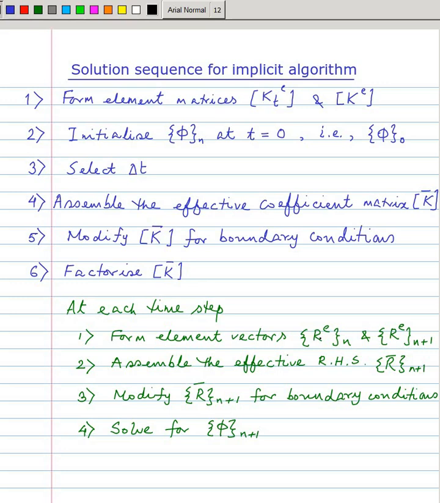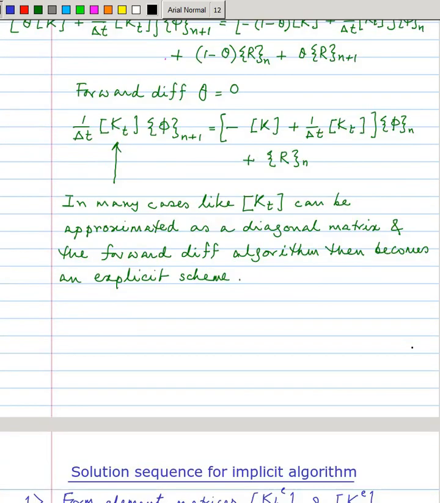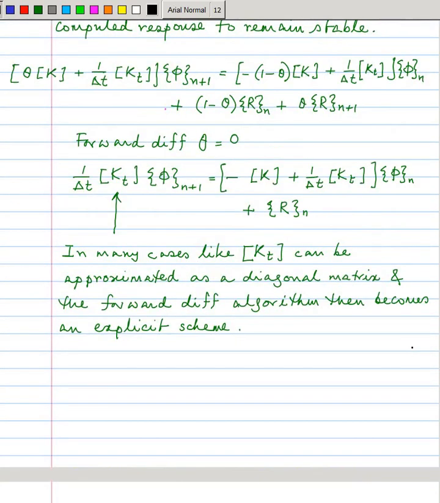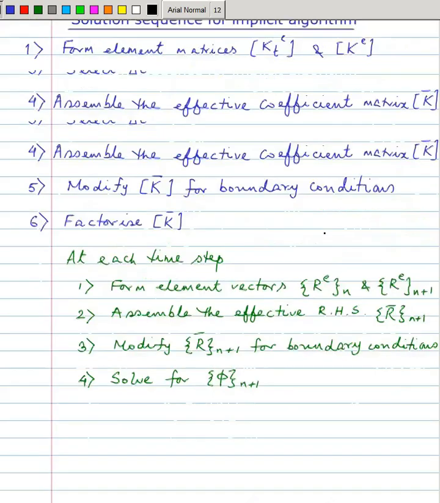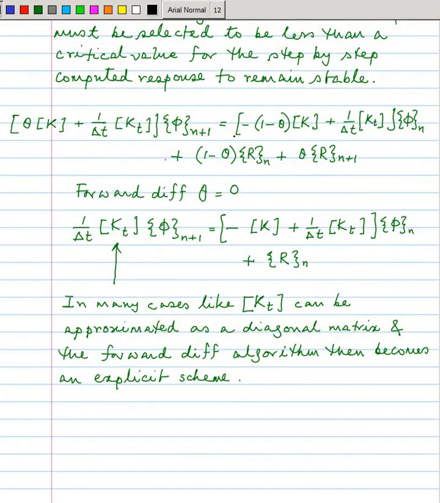Then at each time step you have to find the element right hand side vector at time t equal to n and at time t equal to n plus 1, that is R_n^e and R_(n+1)^e. Then you assemble to get the effective right hand side, that means the whole thing.